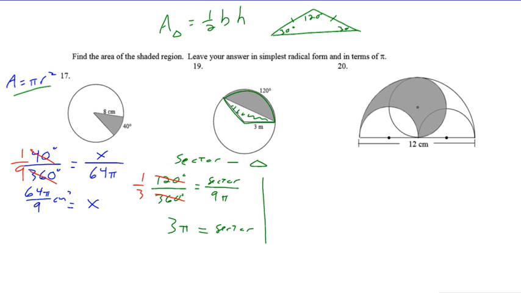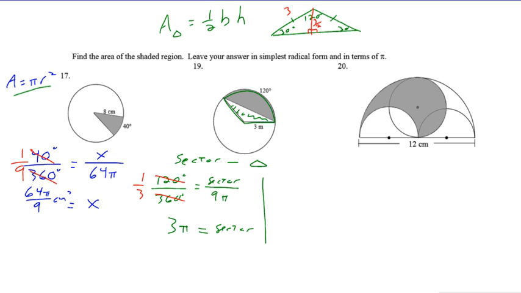And cut this thing in half, and you have two 30, 60, 90 triangles, the hypotenuse of which is 3. So the short side is half of that.